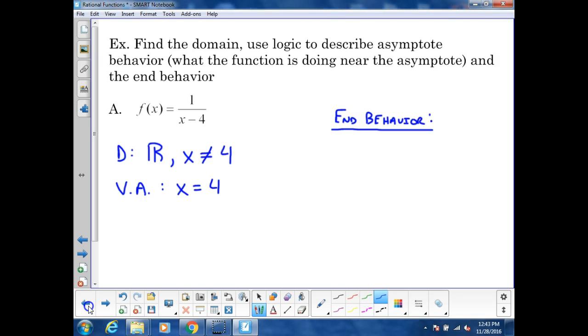As x approaches positive infinity, 0 from above. So what you're saying is, as x approaches positive infinity, f of x, and check the title, approaches 0 from above.